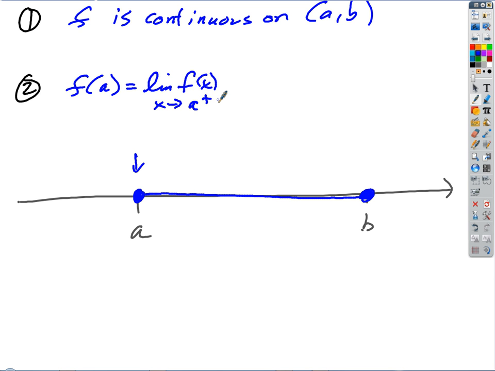Okay, and same thing for f of b, right? f of b equals the limit of f of x as x approaches b from the negative, good, to the left. Okay. So sometimes in math we call this a right-handed limit and a left-handed limit. Okay, good.